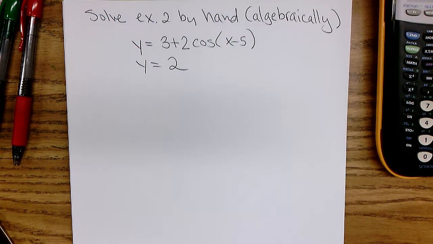So basically we're doing the same thing the calculator did. We're solving for the intersection. So what would the first thing you would do if you had these 2 equations? Can you set them equal to each other? Because they both equal y.